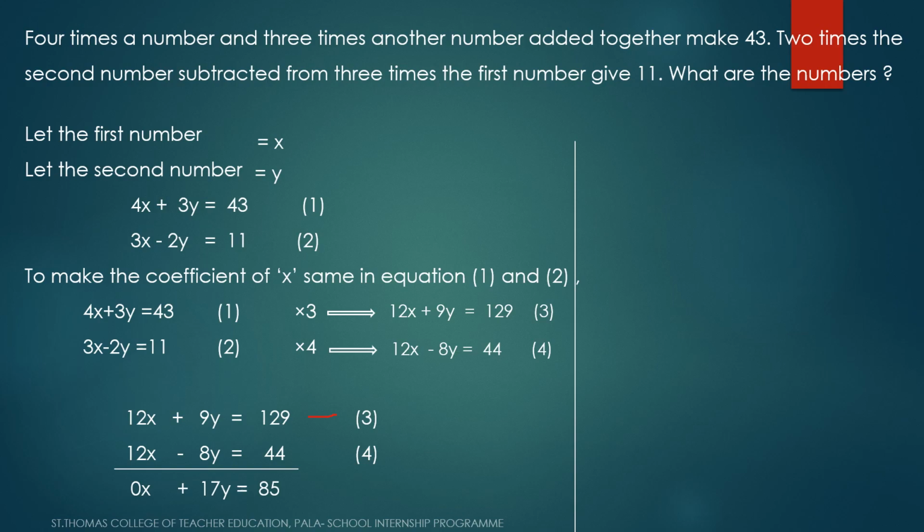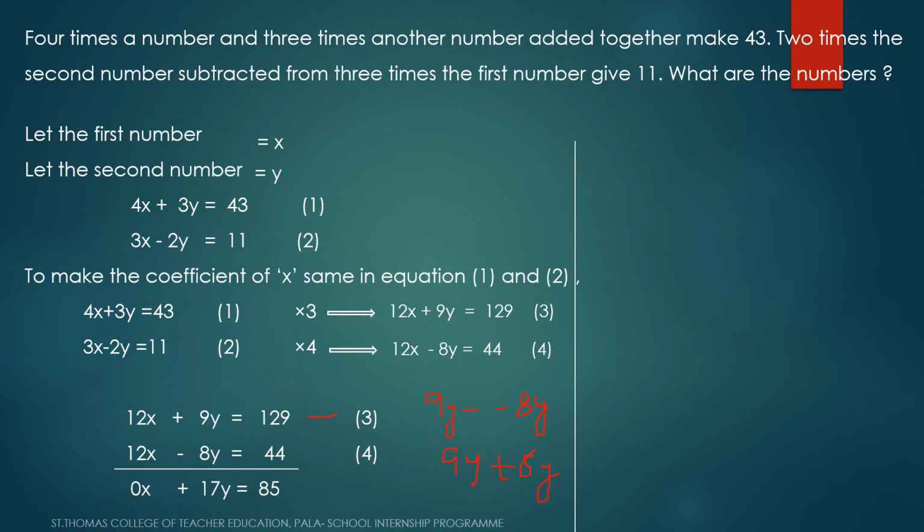And what is the remaining? 9y minus 8y. Some of you may be wondering how this 17y came. See, we have 9y. We are subtracting. Subtracting what? Minus 8y, isn't it? So 9y plus 8y. Okay. So what we get? 17y.